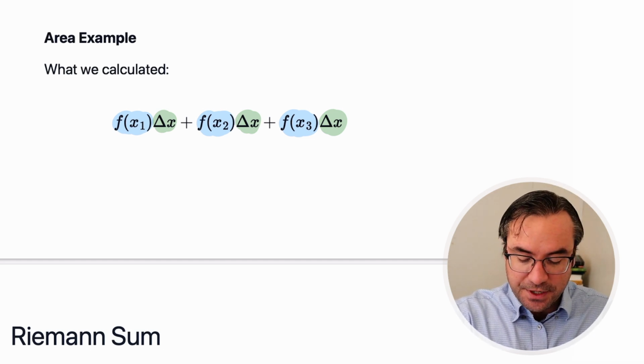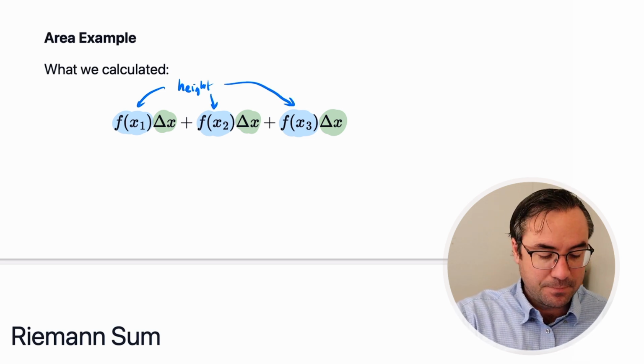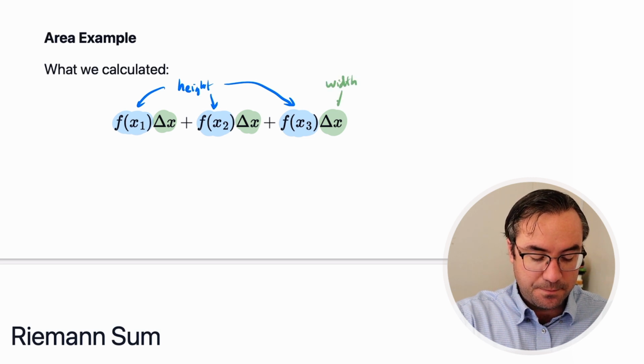So each of these were the heights for the corresponding rectangles. And delta x was our width.